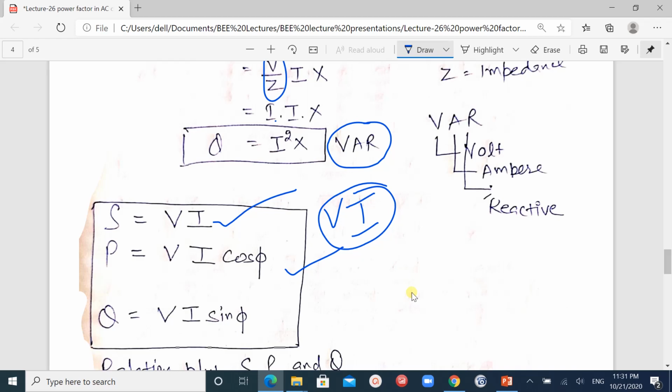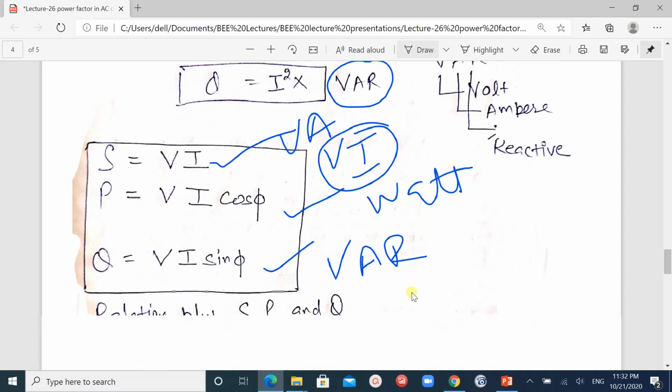Then Q is VI sin phi. It is the power consumed by the inductance, and the unit of Q is VAR, the unit of P is watts, and the unit of apparent power is VA, volt ampere. So these are the three powers.